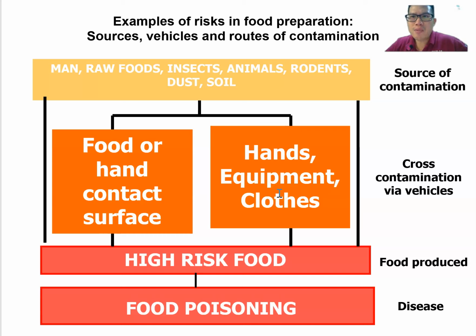Cross-contamination. The example I gave a few chapters before: the person making my sandwich right in front of me, I saw it, when they reached out to get the ingredient, their apron was touching my sandwich. And the apron, how clean is it? I wouldn't know. So it's possible that my sandwich is cross-contaminated with whatever is on his or her apron.